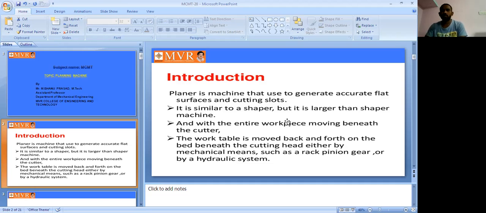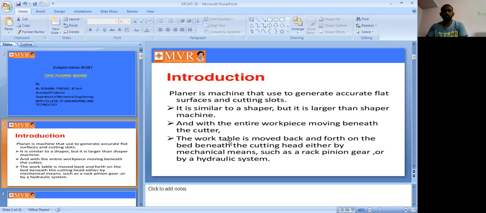If we want to machine small work parts, we go for the shaper machine. That is the major difference between the shaper and the planer. Both are similar, but the planer is larger, with the entire workpiece moving beneath the cutter.